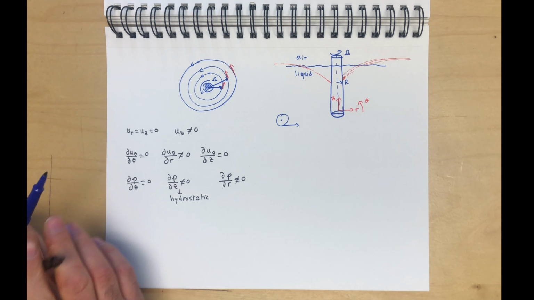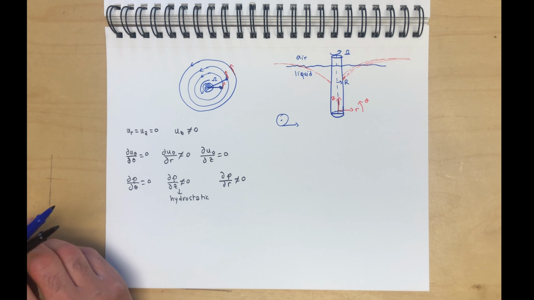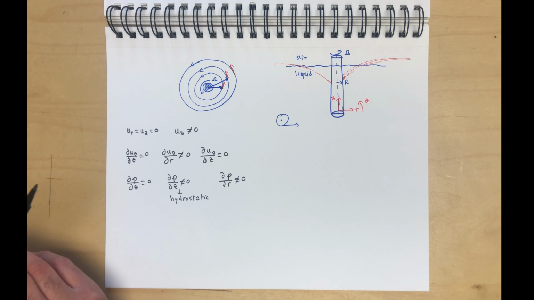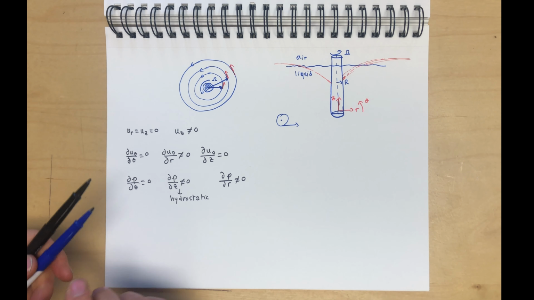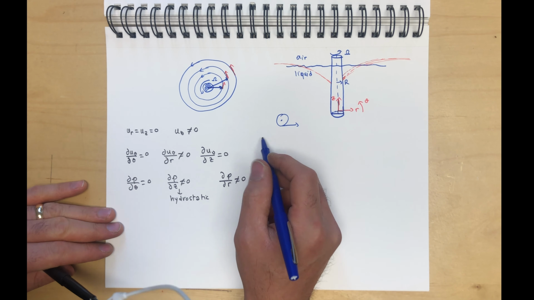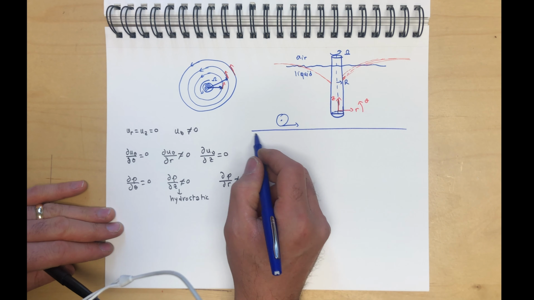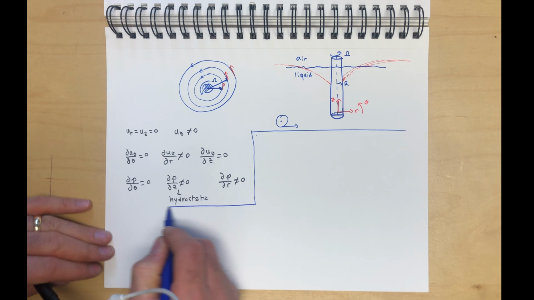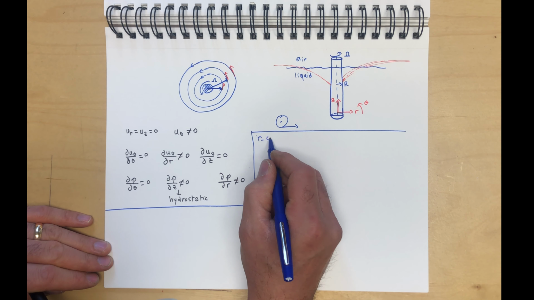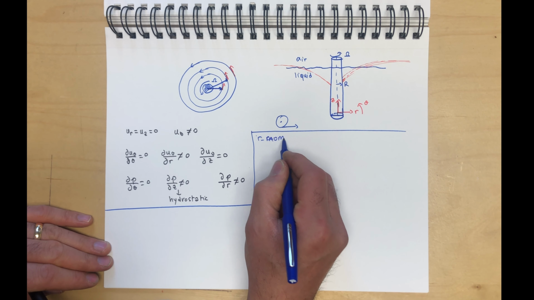So now we can write the governing equations. We're going to do the r, theta and z components of momentum. For the r component, I'm going to start by using this space over here. R momentum.